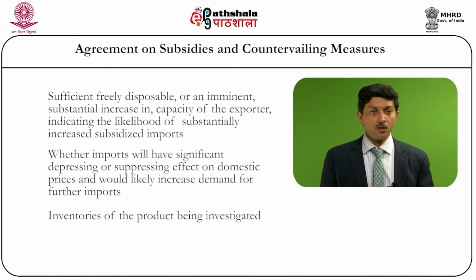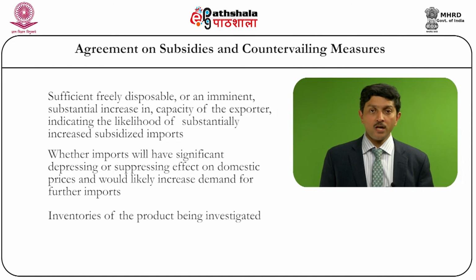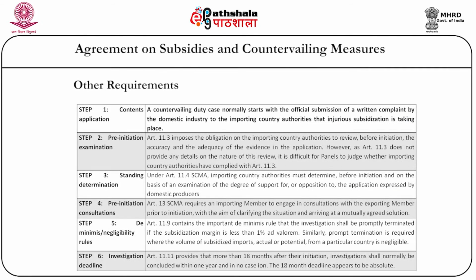So, to talk about the procedural aspects, like in the case of anti-dumping, an investigating authority will have to make available the important information through a gazette notification. To reiterate the points, a countervailing duty case normally starts with the official submission of a written complaint by the domestic industry in the importing country, alleging subsidization, injurious effect on the domestic industry, and a causal link between the two.